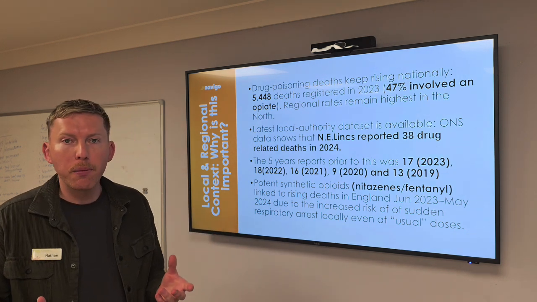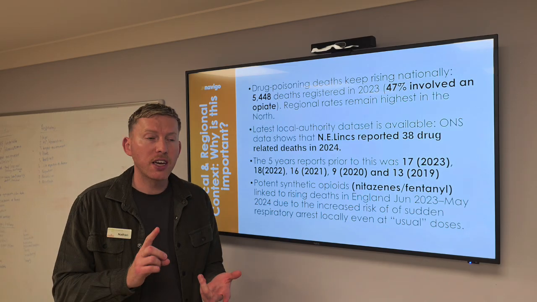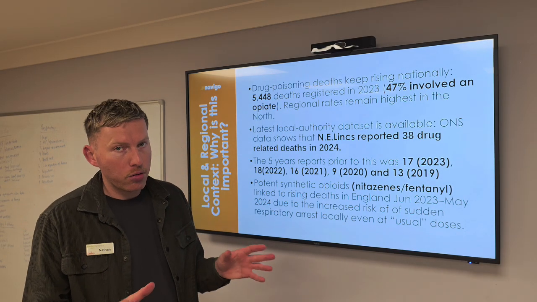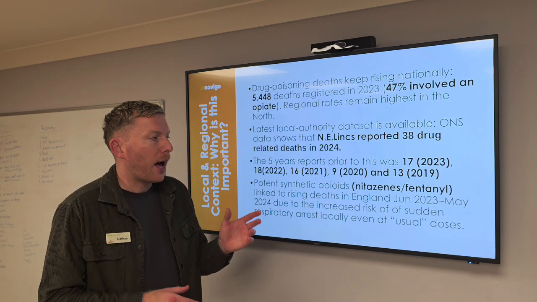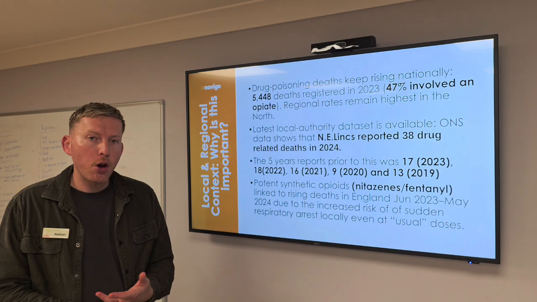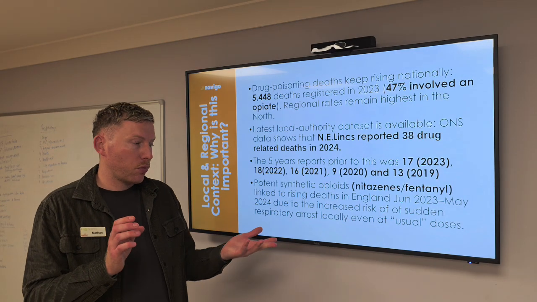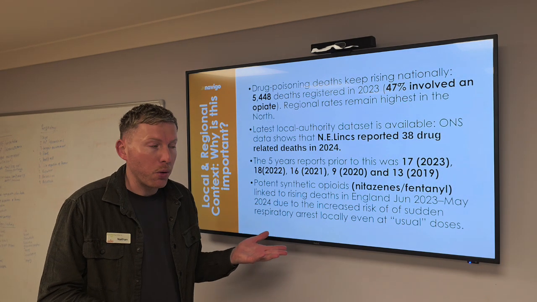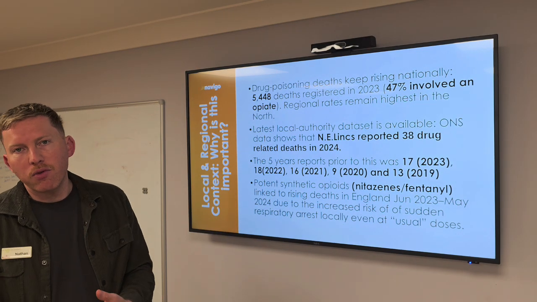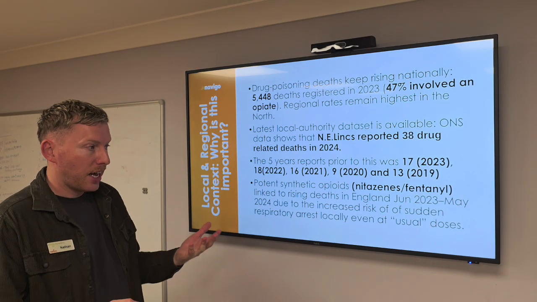So these are recreational drugs such as ketamine, cocaine, ecstasy, ordinarily not containing opiates, being laced with nitazines and fentanyl. So synthetic opioids, which are very potent when you think of fentanyl alone. So they increase that risk of respiratory depression and death.